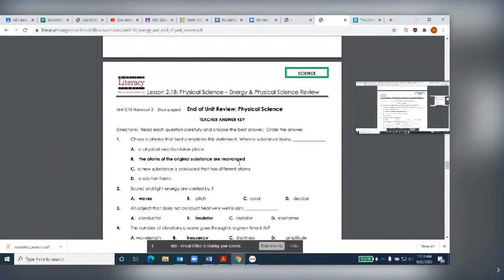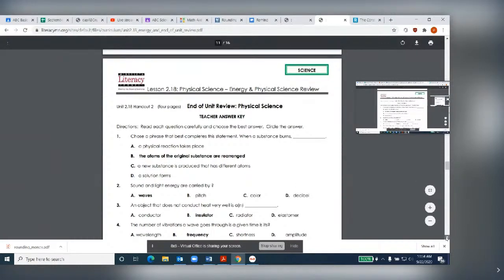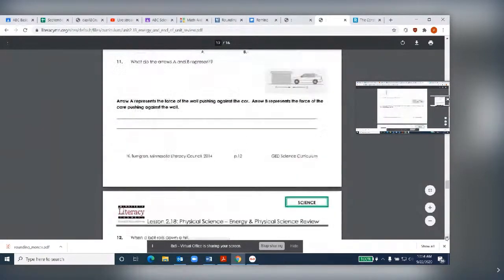You can certainly look at the answer and then go back into the unit and look for the answer. That way it's just reaffirming it. Or you can certainly try this on your own, see how you do, and then go back and really look at the answers. Okay, and the answers are all right here.